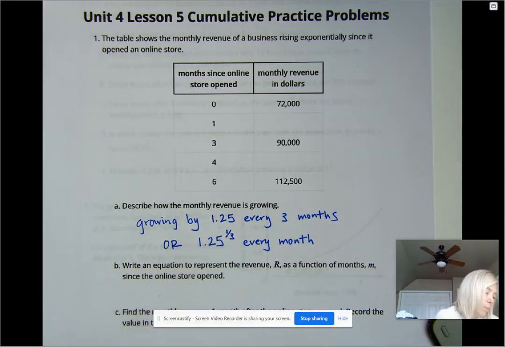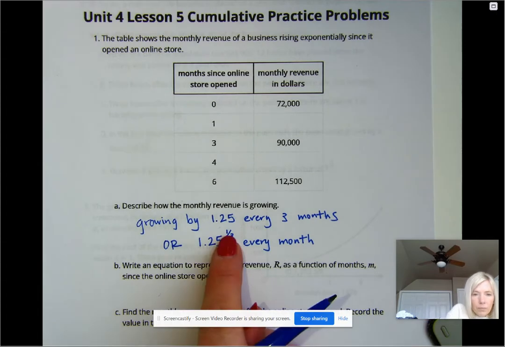And that will help us with part B, to write an equation that represents the revenue as a function of months, so single months since the store opened. This is just for 1 month, but I can replace that 1 with a variable and have it be for any number of months.